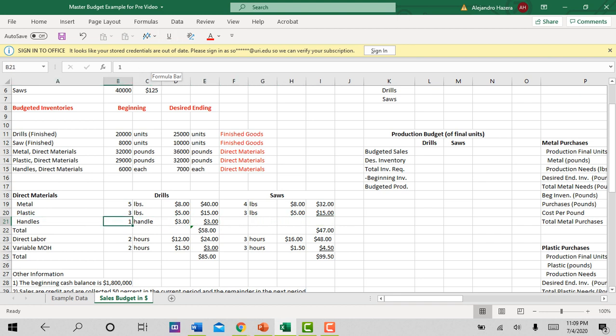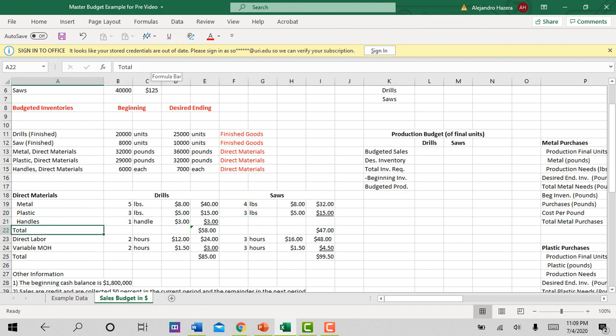Now here's what I meant before. I guess they have some type of handle that goes into drills, but not into saws. Okay, so they have a store of handles. Each drill only has one handle that goes into it. Each handle costs $3. So each drill should have a $3 handle in it. And for saws, the cost is 0.